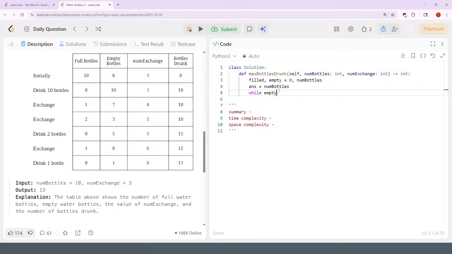Let's see if that works, well, empty is greater than or equal to numExchange. Doesn't feel right. Let's keep going.